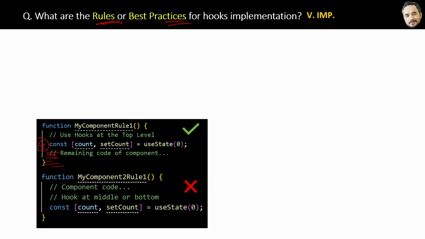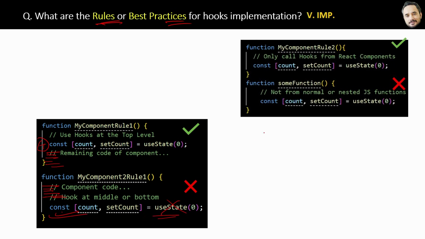Not like first you write component code in the middle or bottom, then you call the hook. That is wrong. The second rule is hooks can only be called directly inside React components or React functions like this. You should not call hooks from any normal or nested JS functions other than React components, okay?